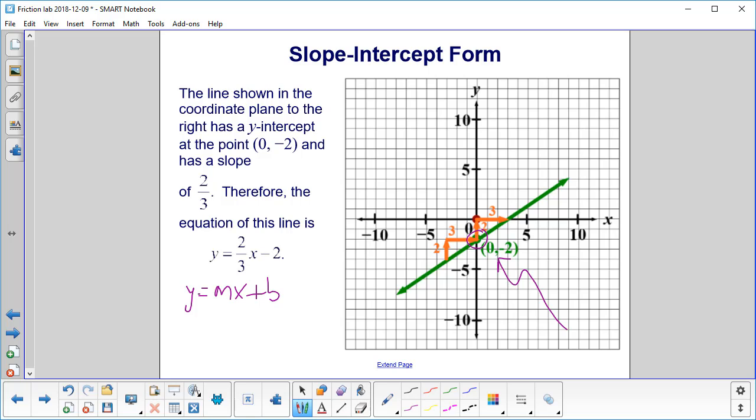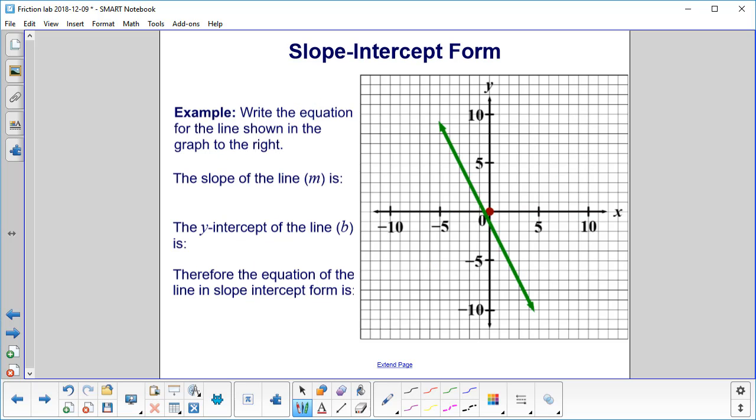The y-intercept is b, so that's negative 2, and the slope is 2/3, which is m. The slope, rise over run, goes up 2 and to the right 3, so the change in y is 2 and the change in x is 3. So the slope is 2/3, and the equation of the line is y equals 2/3 x minus 2.